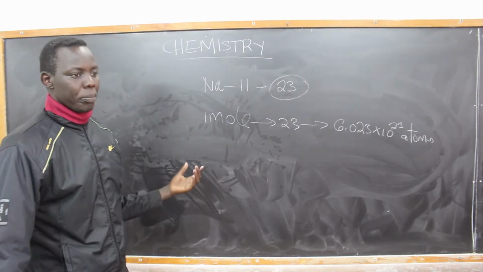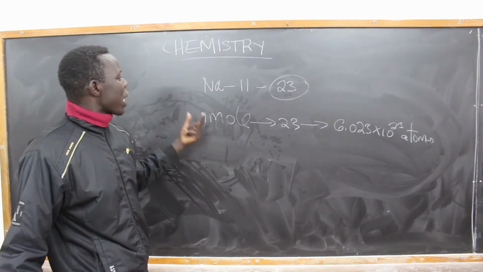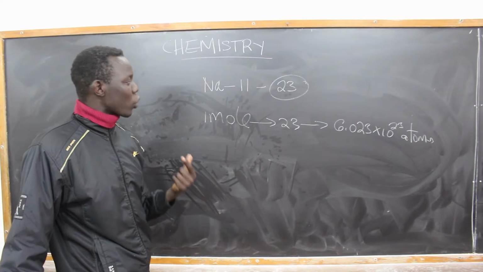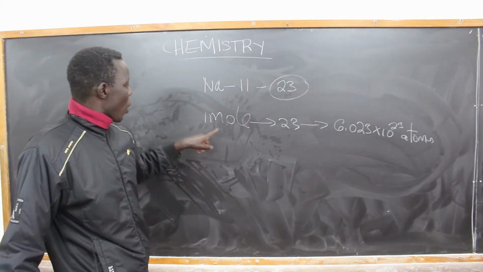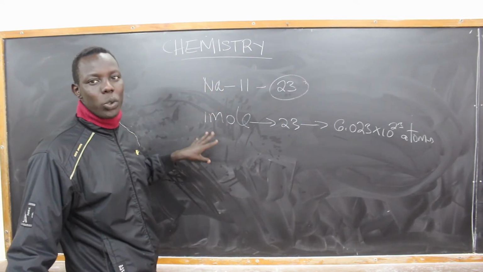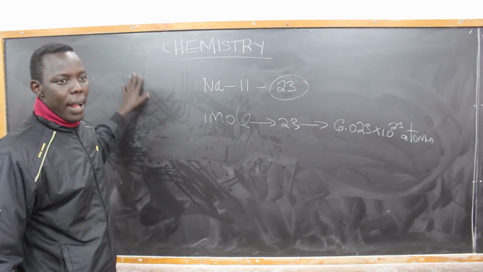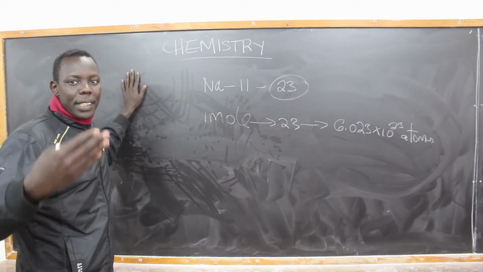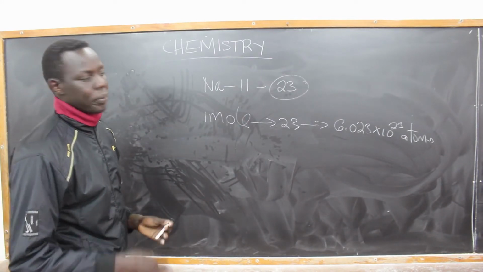Or someone can ask you to calculate the number of atoms containing 0.2 moles of sodium. 1 mole contains this number of atoms. What about now the ones you have been asked? So dealing with an element that only exists as an atom is not an issue. Let's get to oxygen.